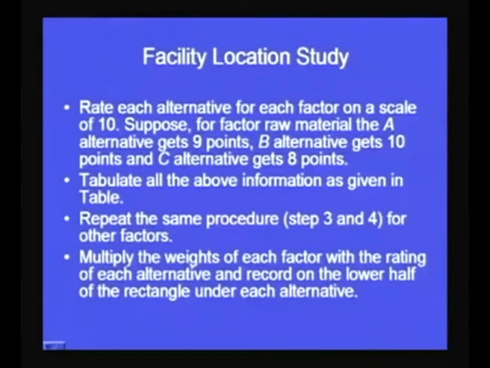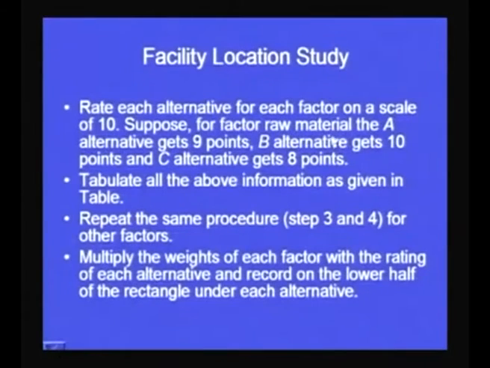Maybe if the market is very close to this particular location, then we can say it stands 10 on 10, or it can be 9 on 10, or it can be 8 on 10. So, depending upon the different factors that we have identified, each location would now be given marks out of 10.